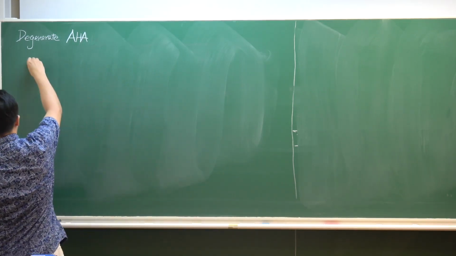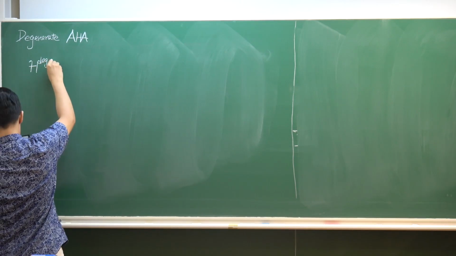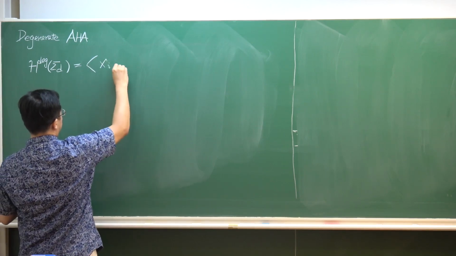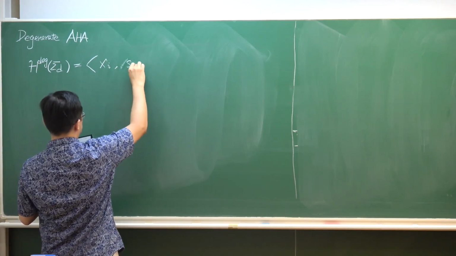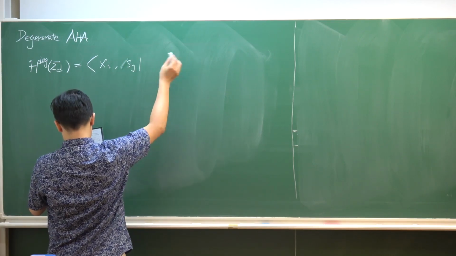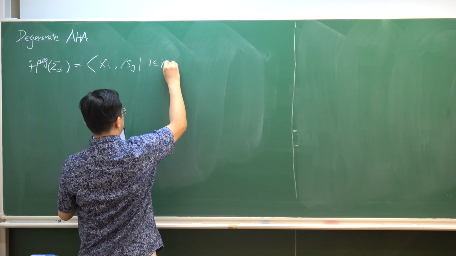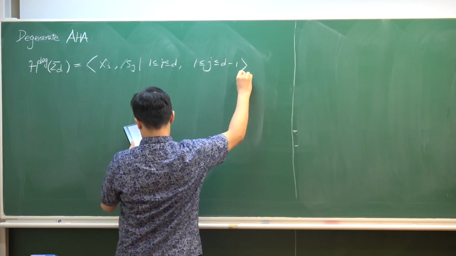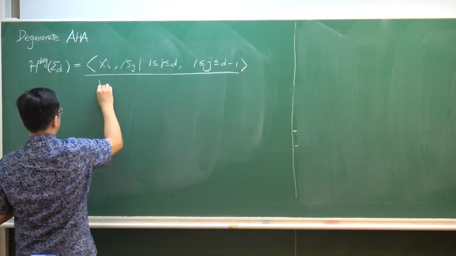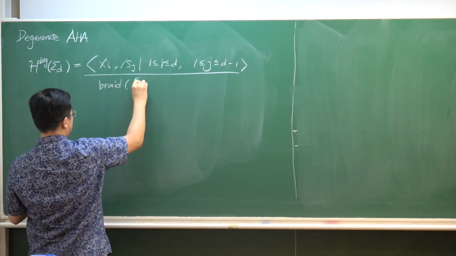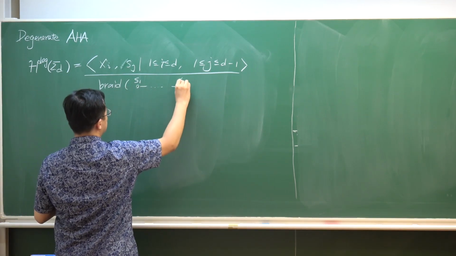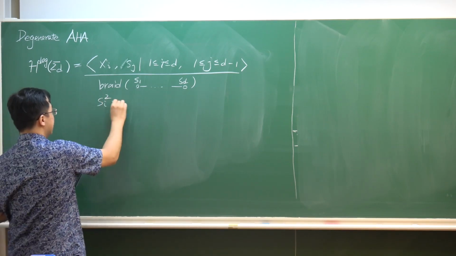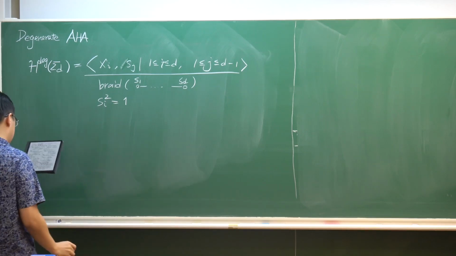And you can define something like this. It has 2 types of generators: the polynomial generators x_i and the symmetric group generators s_j. As always, we have the nice set of braid relations. And then in this case, since this is degenerate, you have a degenerate quadratic relation, s_i squared equals 1.